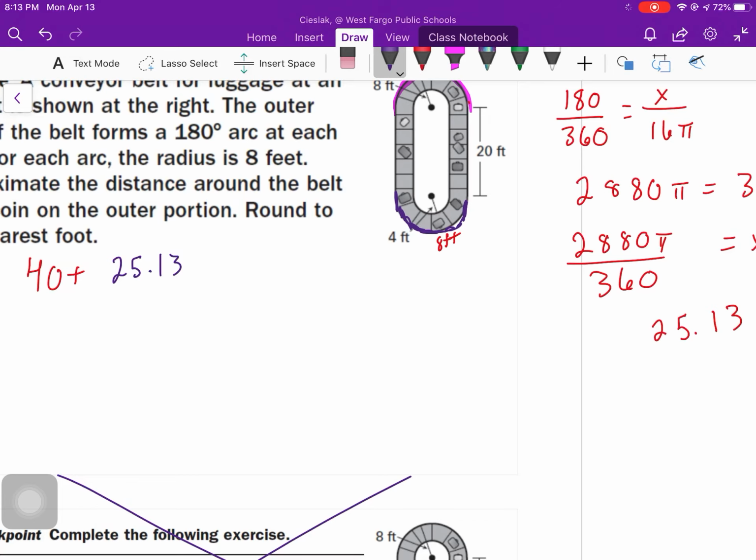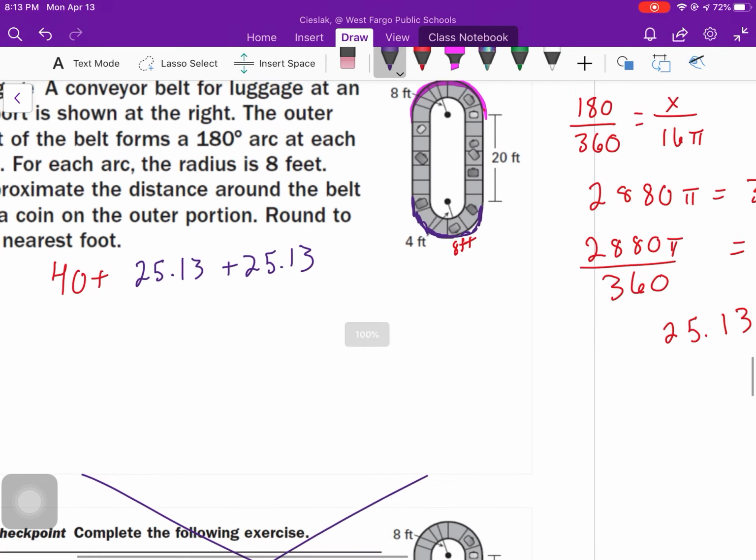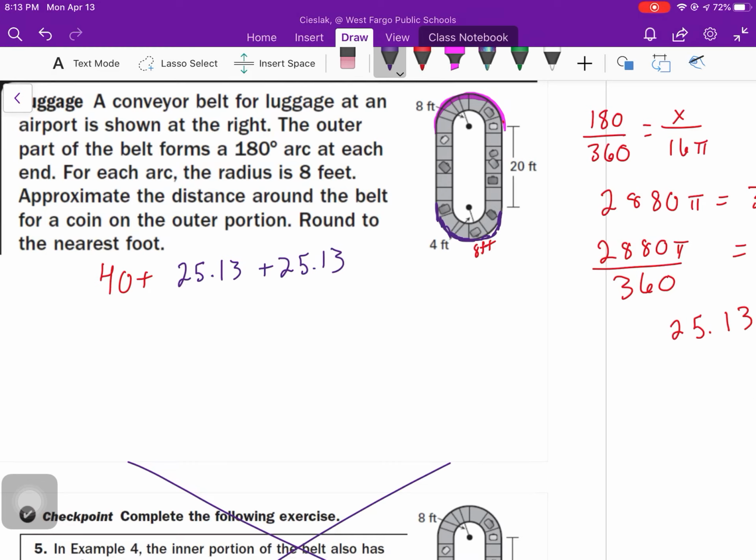So I really need to double that. So you can either multiply it by 2 or just add another 25.13. So if we take that 40 plus 25.13 plus 25.13, we would get, it travels approximately 90.26, what are we talking, feet? It said go to the nearest foot, so we're going to say 90 feet.